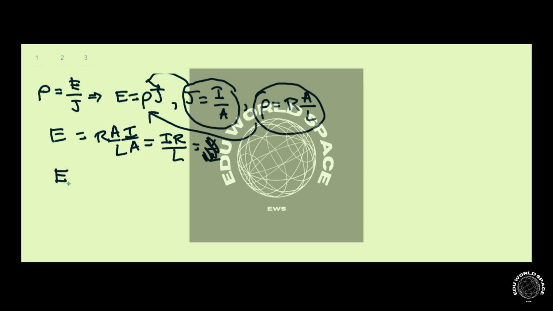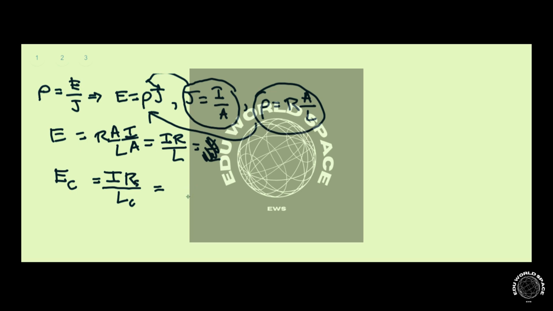So the electric field in which segment? In copper. So in copper is equal to the current times the resistance of copper divided by the length of copper.